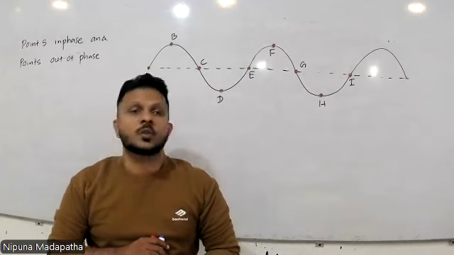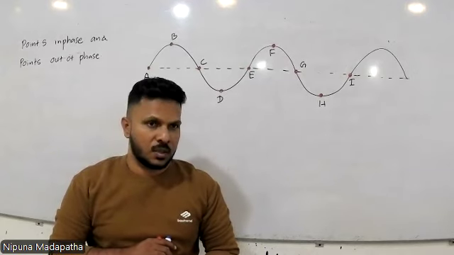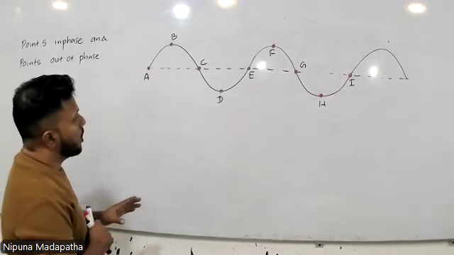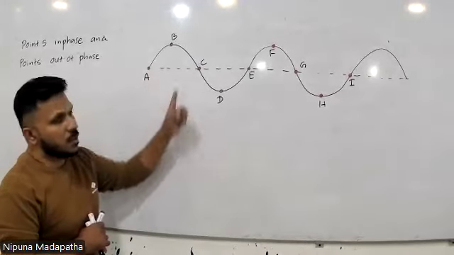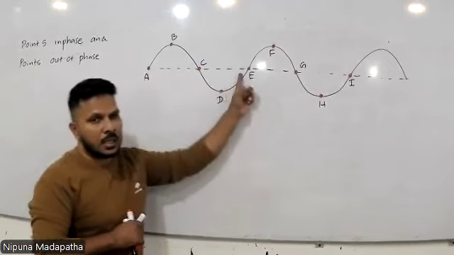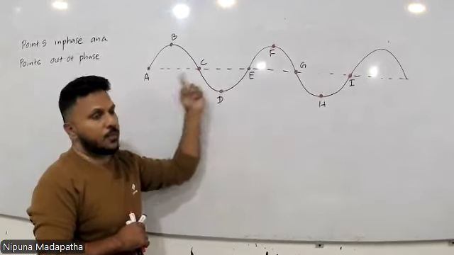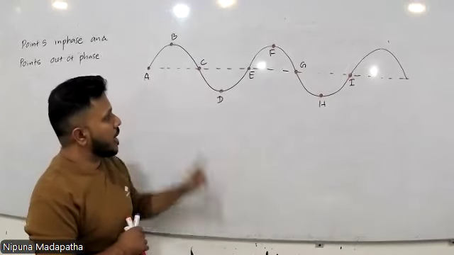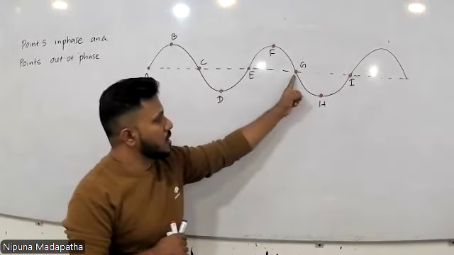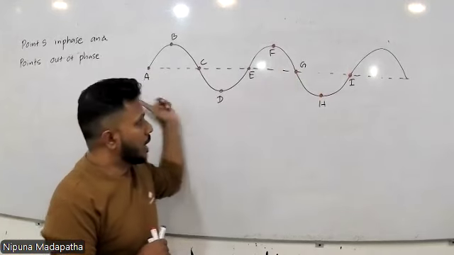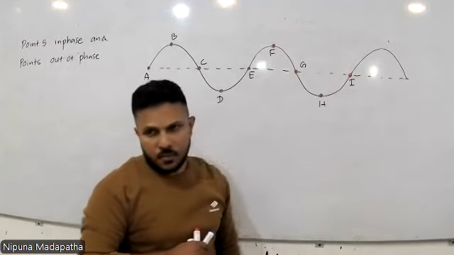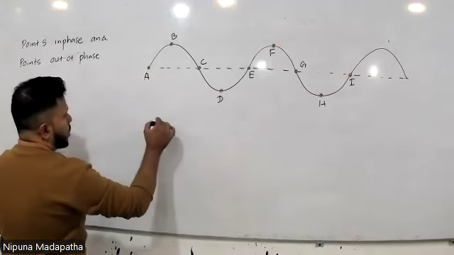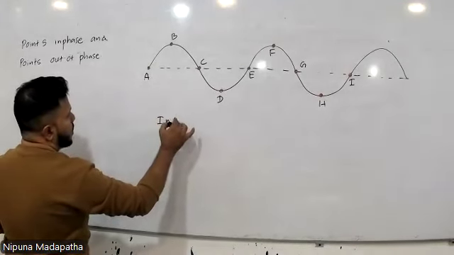So those points are in phase points. What are the in phase points? You can see here. Are A and C in phase? A and E are in phase. Both particles A and E have the same motion. Is A and G in phase? No. A and I are in phase.